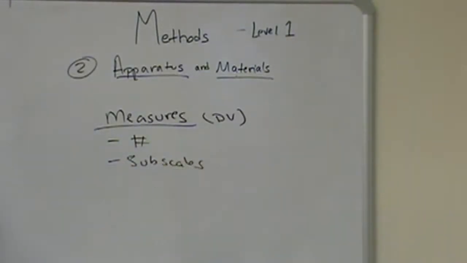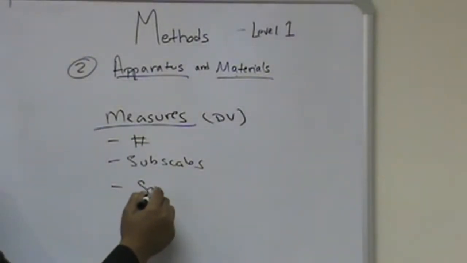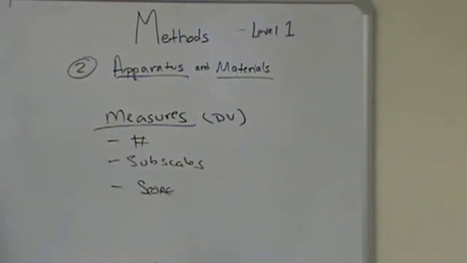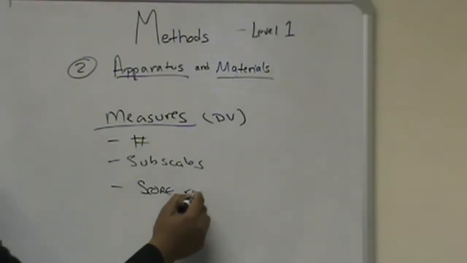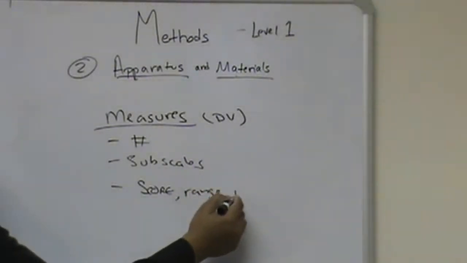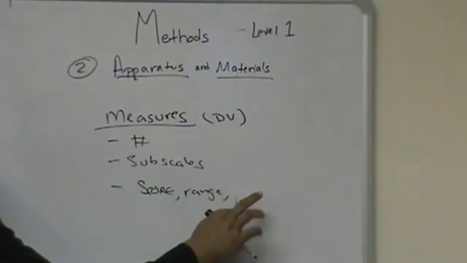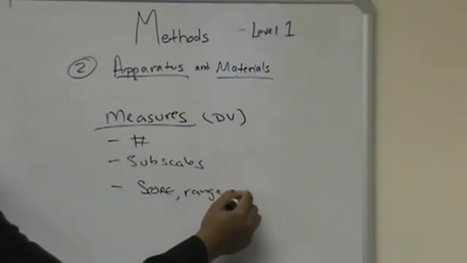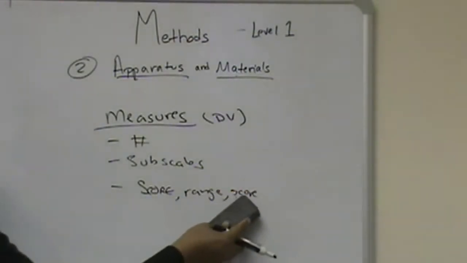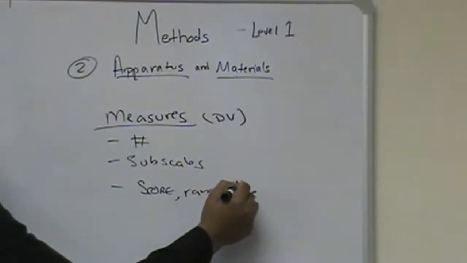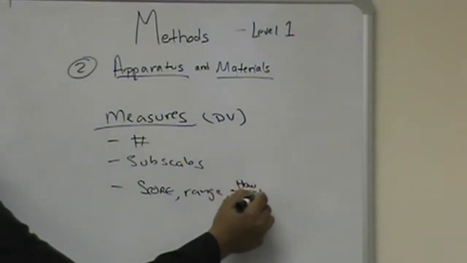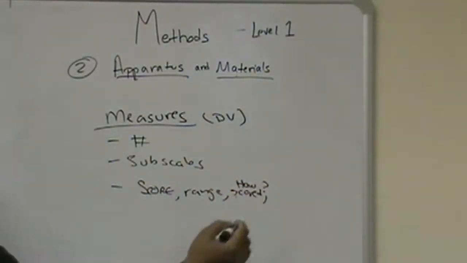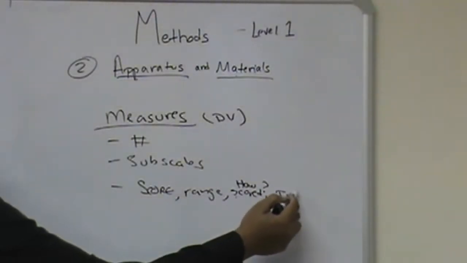Lots of times surveys have subscales. What was the score? Was it a numerical score? What was the range of possible scores? How do you actually score the instrument altogether? How is it scored? And then, how is the number interpreted?